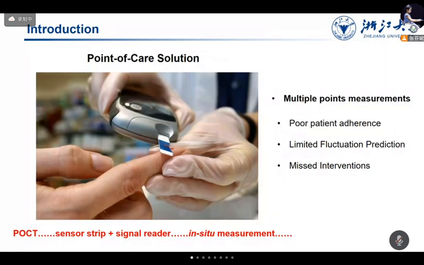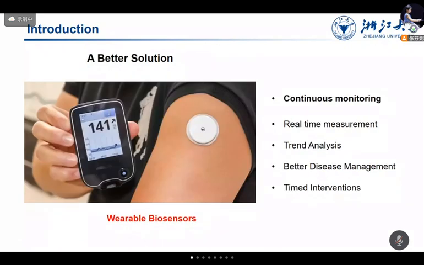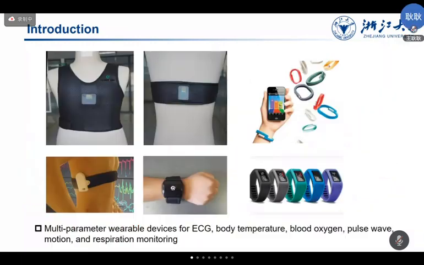Still, it's very hard for the patient to follow the detection all the time. And also, it gives us very limited prediction data for the diagnosis, right? A better solution we are trying to achieve is wearable biosensors. We want continuous and real-time monitoring to predict disease progression. So this is basically the motivation for these studies.